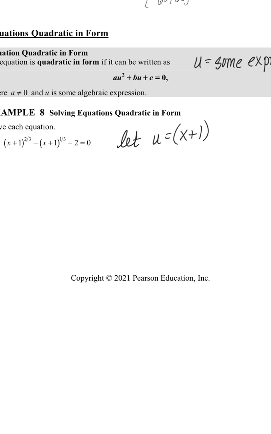Let's erase that part. Let u equal x minus 1 to the 1/3. Let's just get rid of the fractions and the craziness all at once. If this piece is 2/3, then we have at least 1/3 in there. So this is u squared, and this whole thing is u.